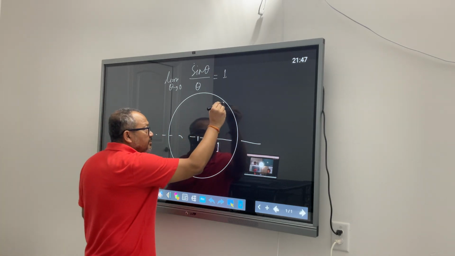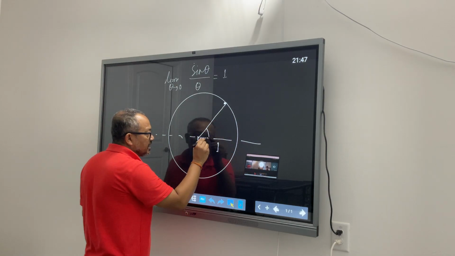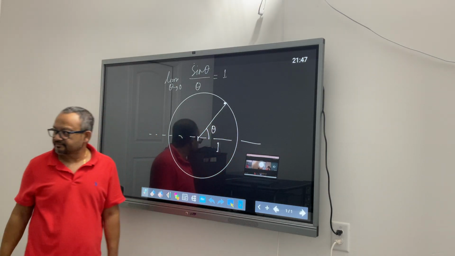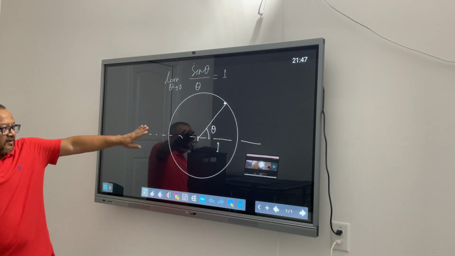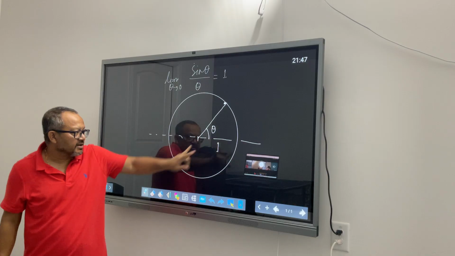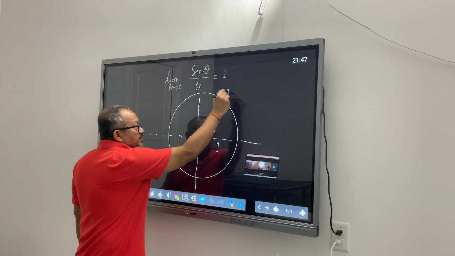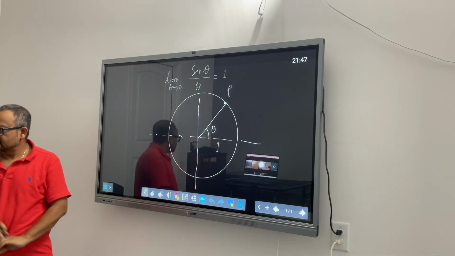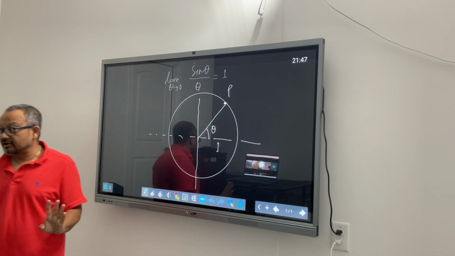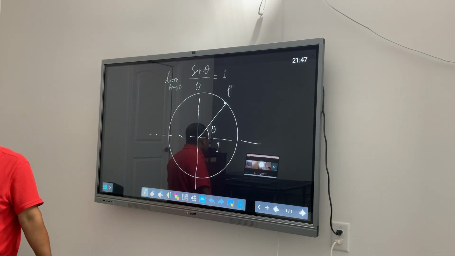I am picking a point on the perimeter such that this angle is theta. Okay so far? I've just drawn a unit circle, so my radius is 1, and I picked a point T so that my angle is theta. I'm going slow so that you can digest this. We are trying to prove something which is very uncommon. Everybody okay?